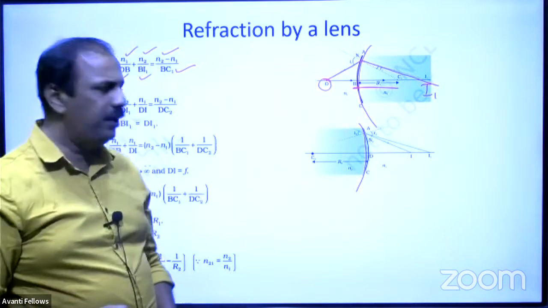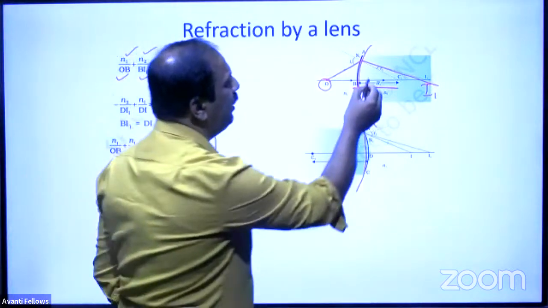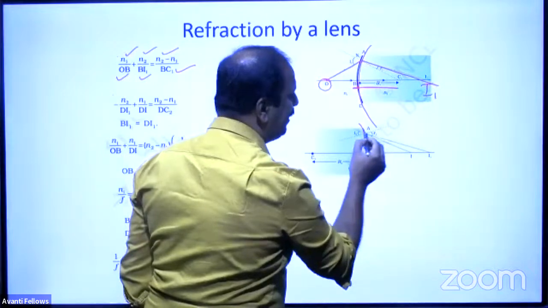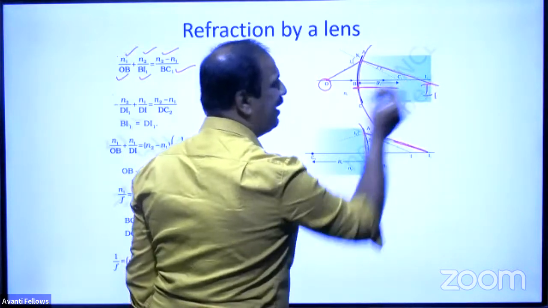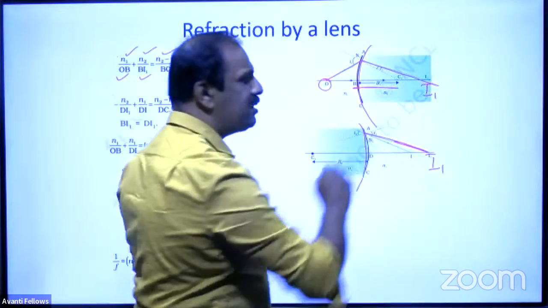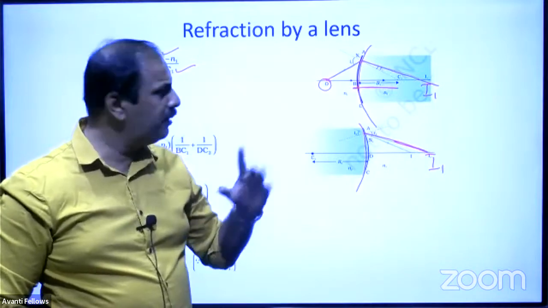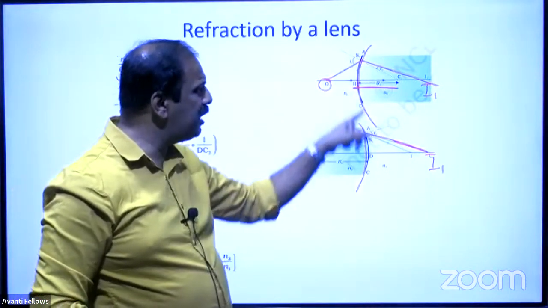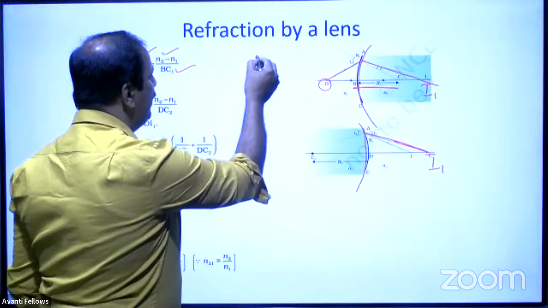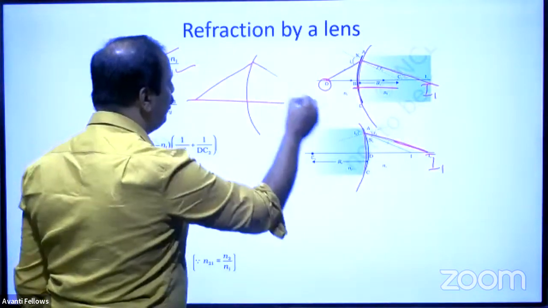The reason for that is, in the second case, the image formed by the first surface, I1, is acting as the object. Once more, let me explain. We have one surface here. This surface makes the light go here.